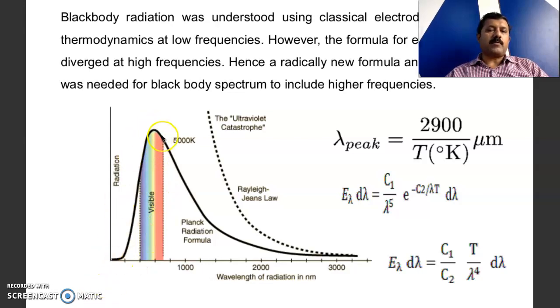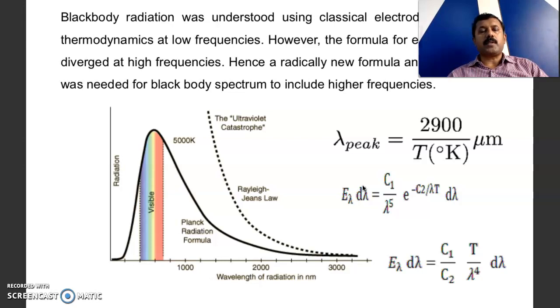The solar spectrum will have a peak. If you know the lambda corresponding to that peak, you can substitute here and find out T, because lambda into T is always constant. That constant is equal to 2.9 into 10 power minus 3 meter Kelvin. This is how the surface temperatures of stars are estimated.